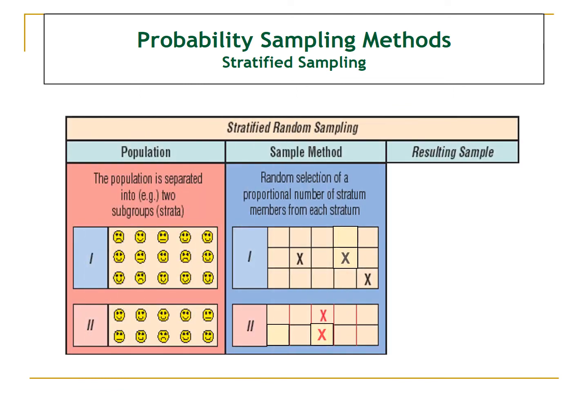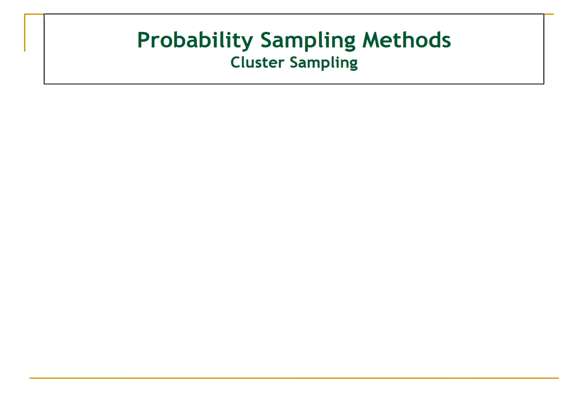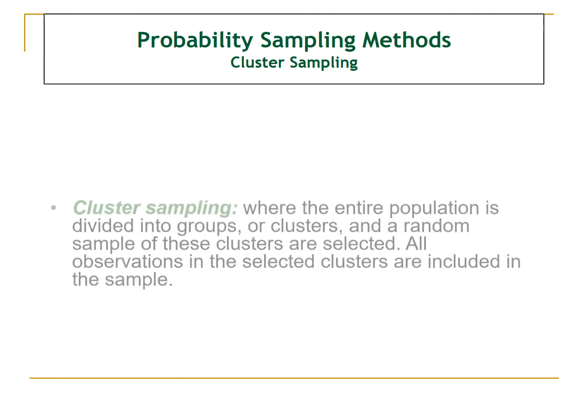Say for example, you have selected your samples for each stratum. You have now your resulting sample. Take note that every member of each stratum in the population has an equal chance of being selected into the sample. The last probability sampling method that will be discussed in this lesson is the cluster sampling.